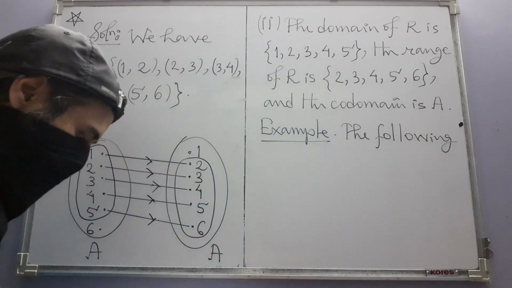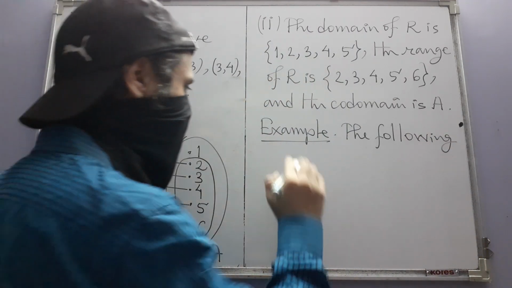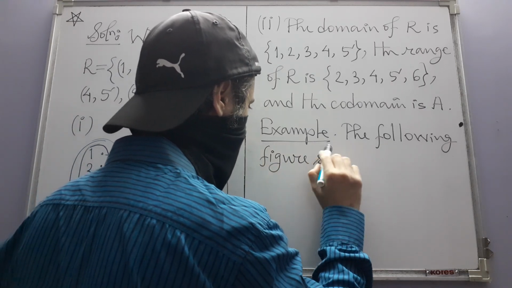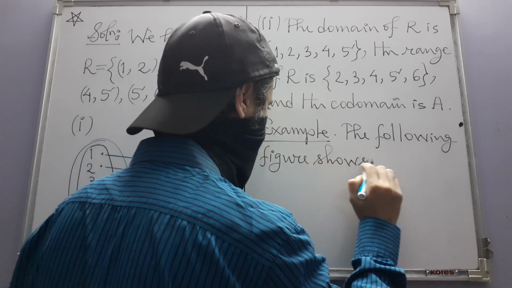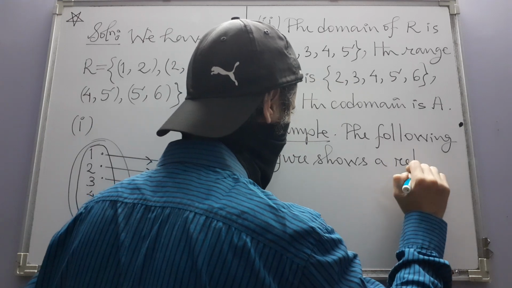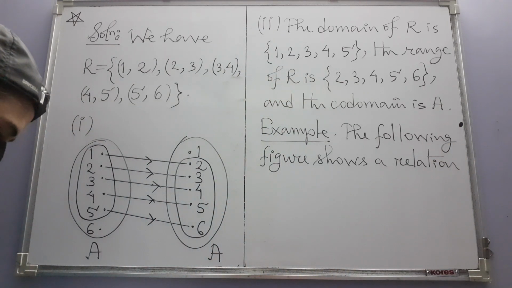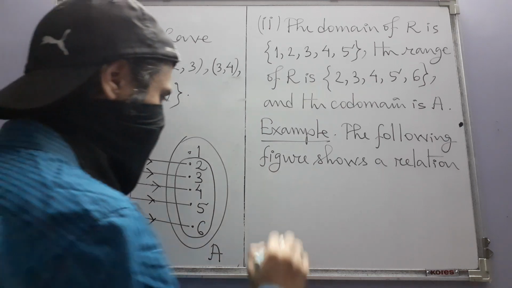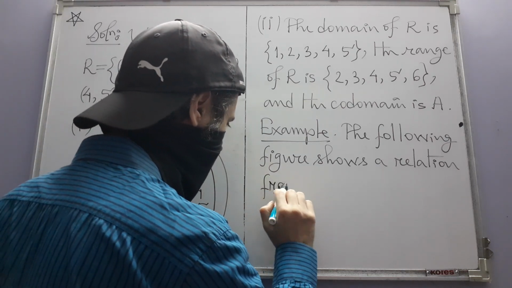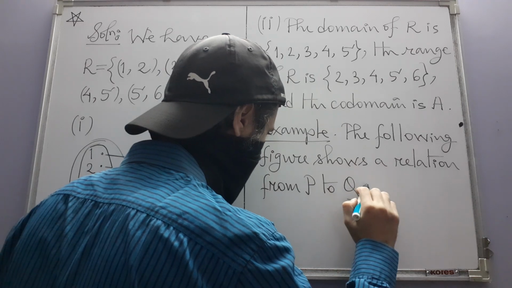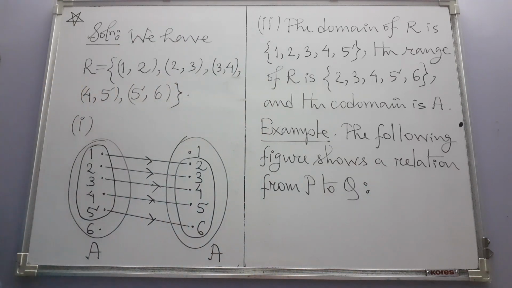The following figure shows a relation from P to Q. Let me first draw the arrow diagram and then I will write the rest of the example.